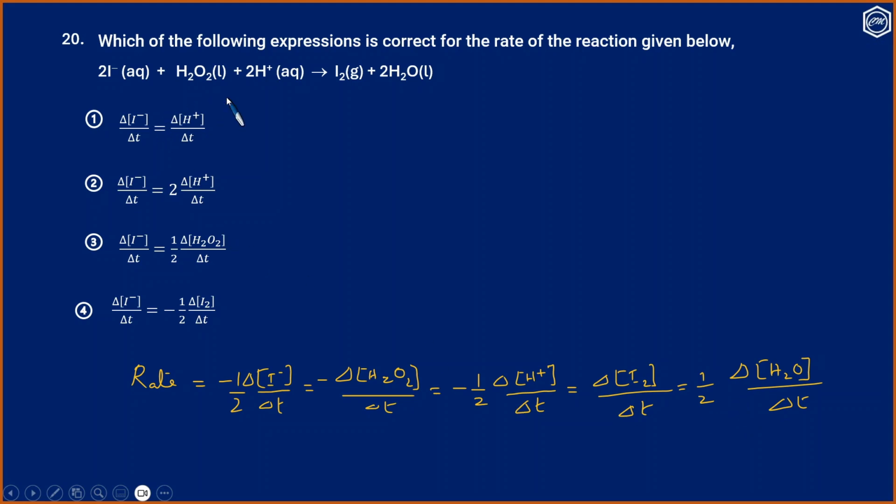So the expressions given are option 1, option 2, etc. The correct relation should be, that means I⁻ and H⁺: minus half into delta I⁻ by delta t should be equal to minus half into delta H⁺ by delta t. So the correct answer should be option 1.